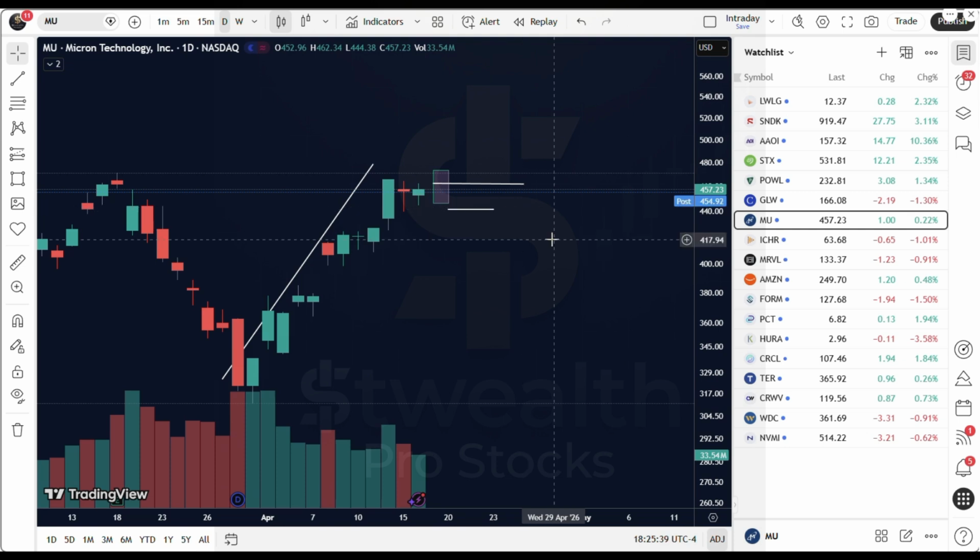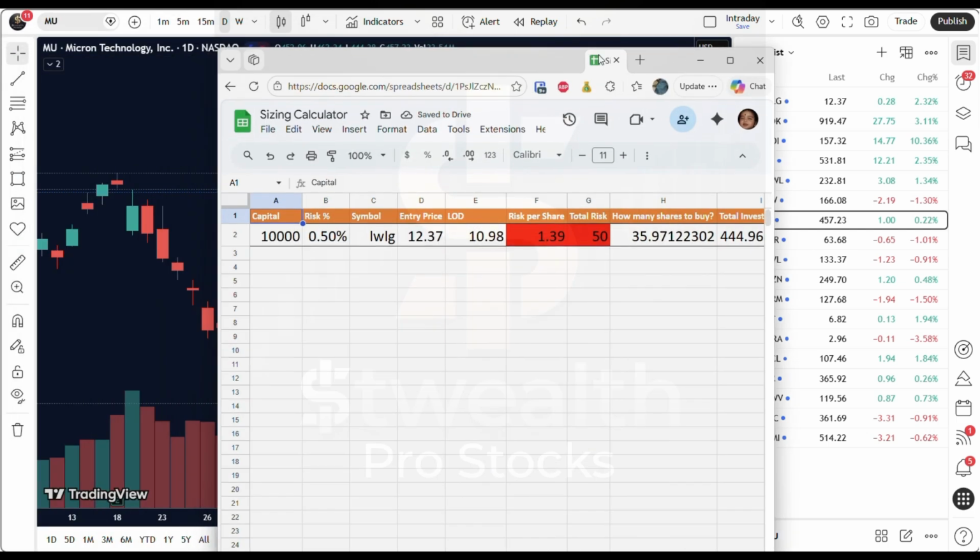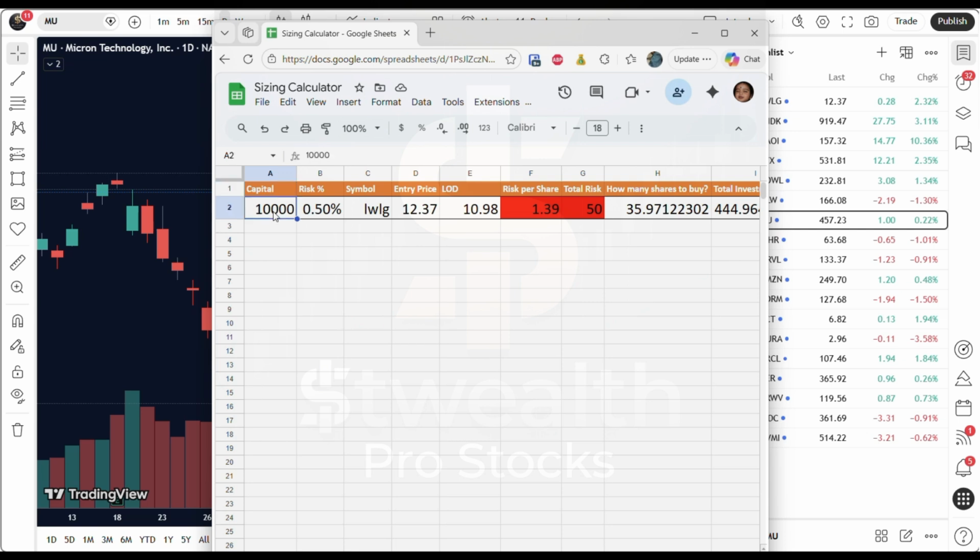So obviously, when the risk is more, what's going to happen? Remember our sizing calculator? When the risk is more, you want to cut down the size. So it's very simple math. Let's say I have a $10,000 account. You see my sizing calculator here. It's a $10,000 account, and I don't want to risk more than 0.5% of my account on this trade. So in that case, I'll type MU here.